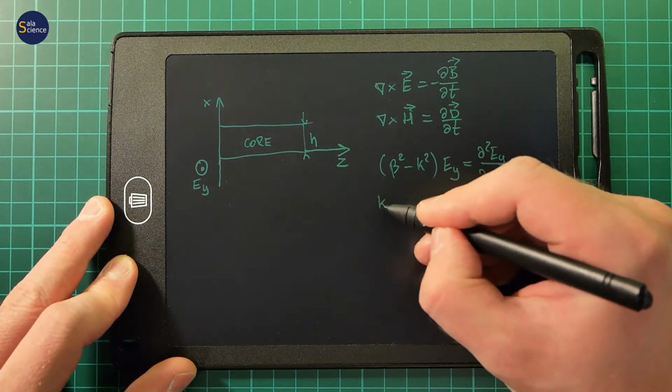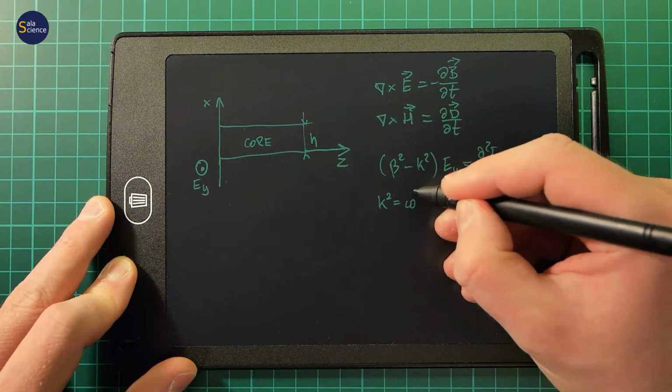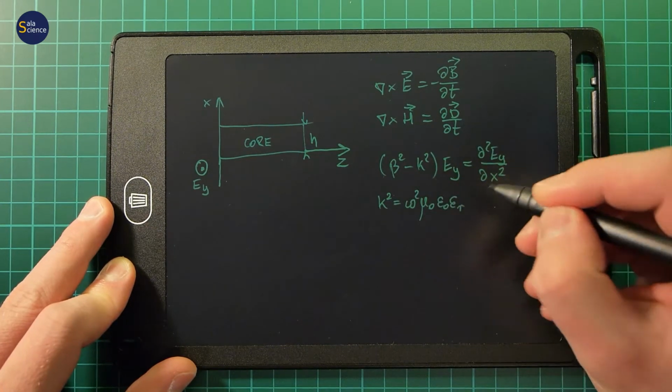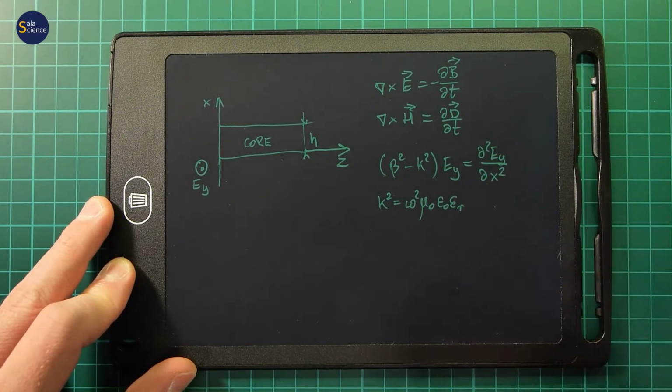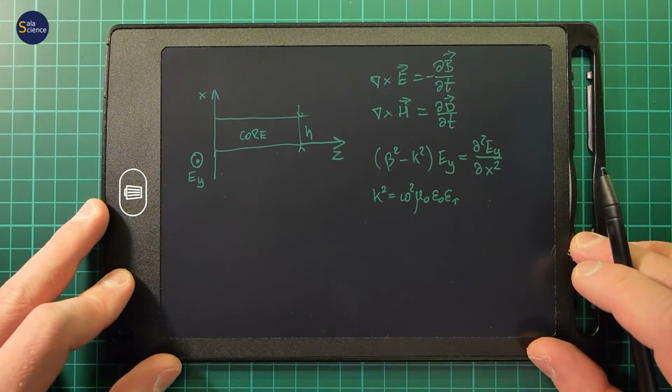And here k squared equals omega squared mu naught epsilon r. And this is k squared. Beta is a propagation constant.